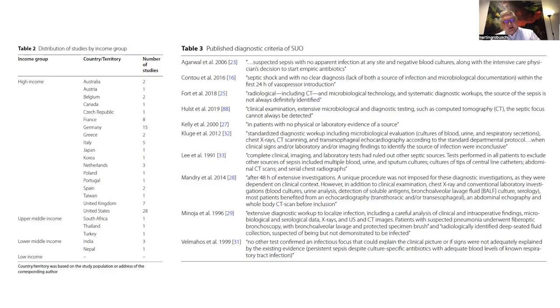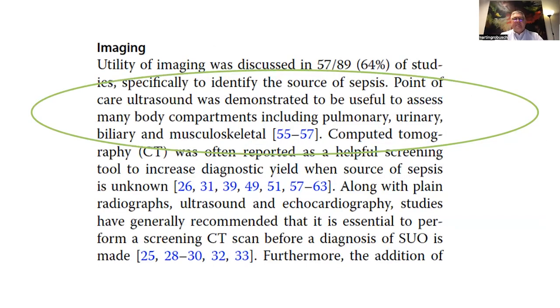And I think one thing about sepsis of unknown origin, which is important, is that at least we know we are dealing with a sepsis-like picture, and we might be able to help the patient even if we are unable to identify the source. But of course, source identification is essential, and in order to do so, very often imaging techniques are helpful to identify a source of infection in critical body compartments.